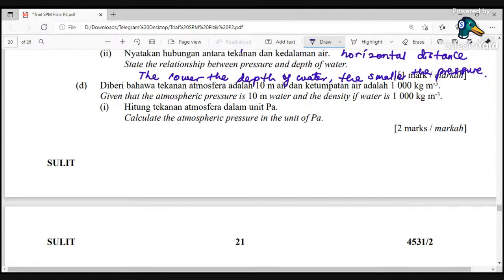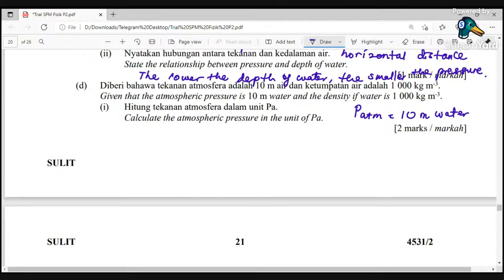D. Atmospheric pressure 10 meter water, density 1000. Calculate atmospheric pressure in Pascal. So this one is convert the unit from meter of water to Pascal. Okay, so atmospheric pressure 10 meter water.